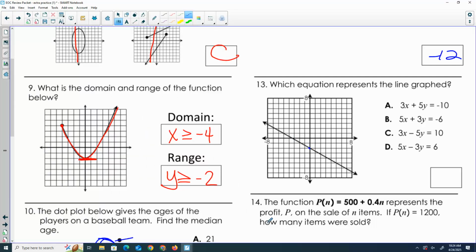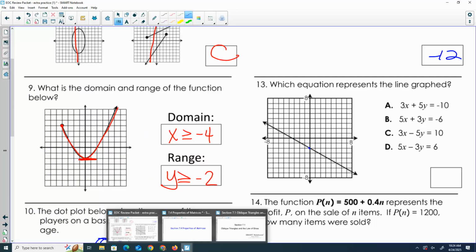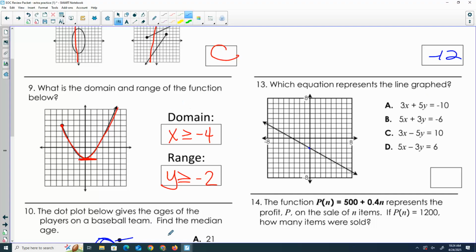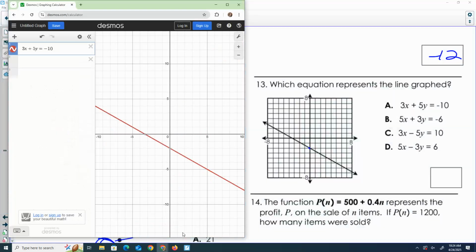Is that where this one hit? Yeah. It hit the x-axis over here between negative 3 and negative 4. And that looks right. So did I get lucky the first time? I did. A is the correct graph. So on those, you don't have to do a lot of work. Just use Desmos. Plug them in, see which one works.